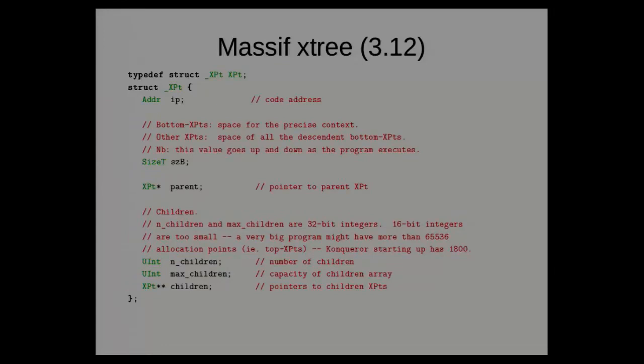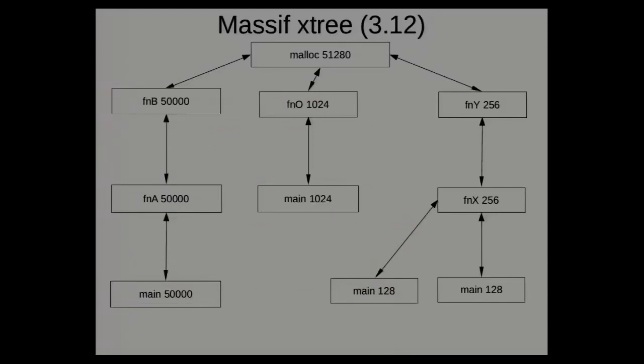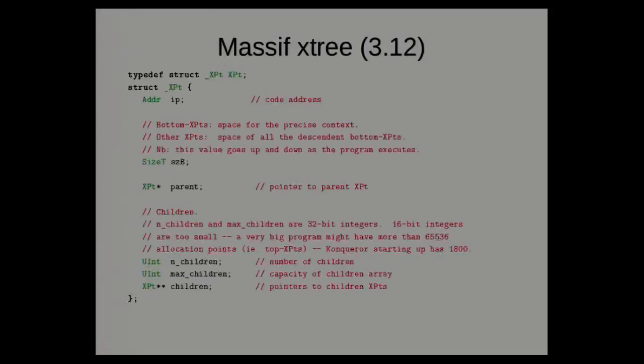If I go back to the previous slide, these are bottom execution points, and here we see a non-bottom execution point. The size here will be the sum of the things which are pointing back at this execution point.